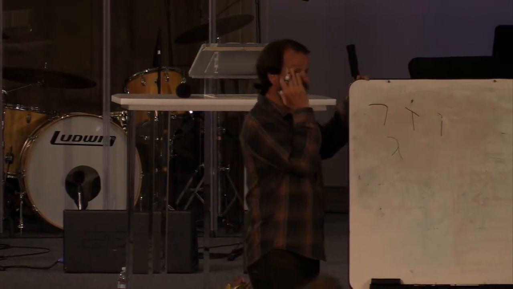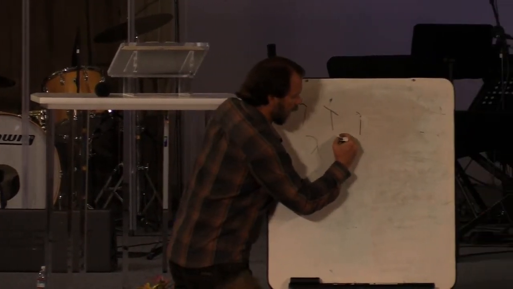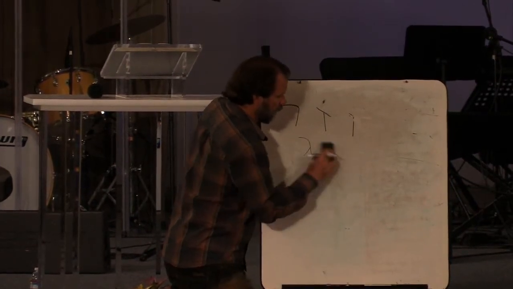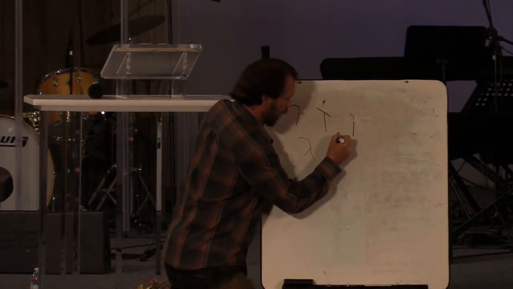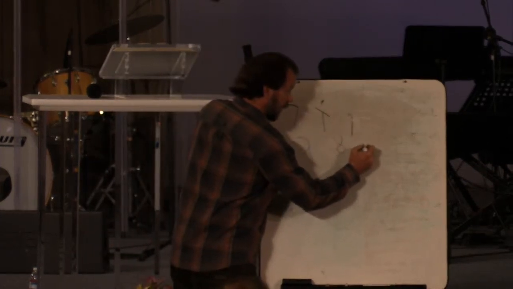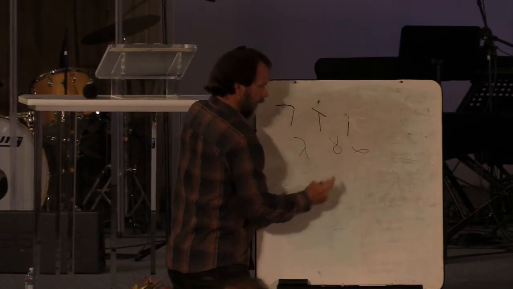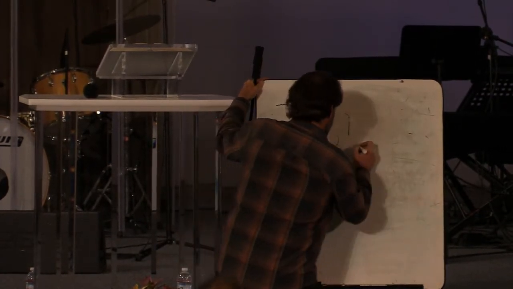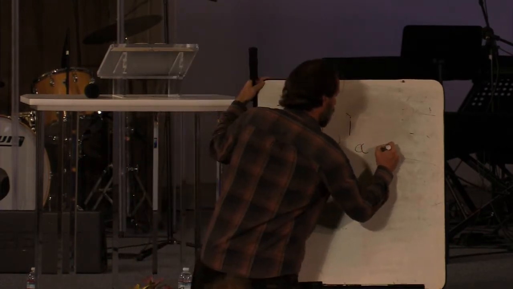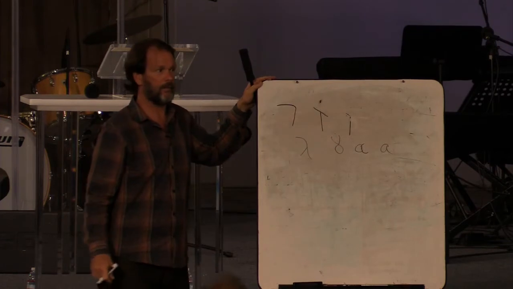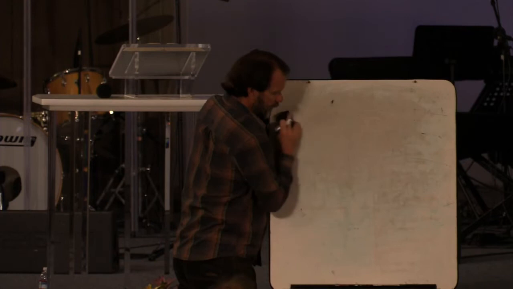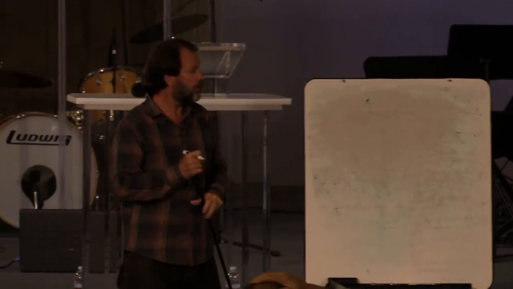When you look at the old prototype Hebrew for Aleph, and then you've got your A, alpha to A, okay? But you don't need to look at the evolution of those letters.